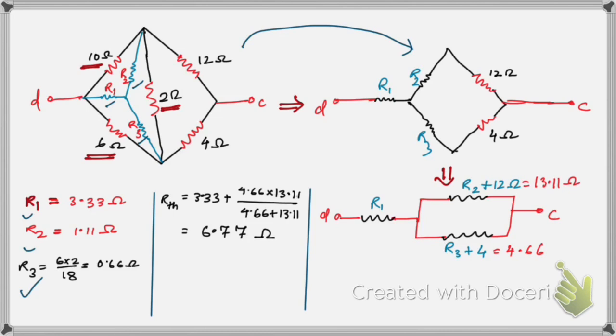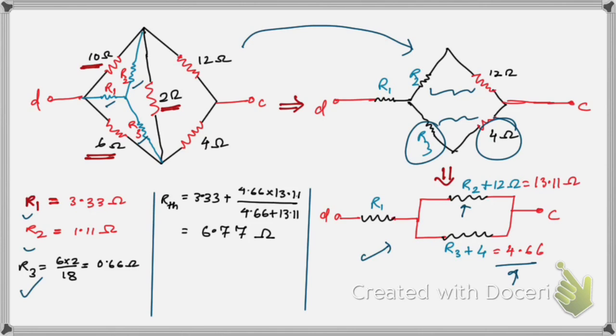Here you see, these two and these two are in parallel, and this parallel combination is in series with this. First, these two are in series: R2 plus 12 gives this, and R3 plus 4 ohm gives this. So now the combination looks like this.